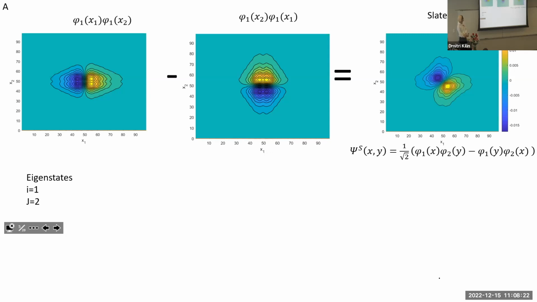We have what is known as the Hartree product, which is basically the wave function of your eigenstate 1 times the wave function of your eigenstate 2, subtracted from when you flip them, or particle 1 and 2, being denoted by x1 and x2. When those eigenstates get flipped, the difference comes out to be the Slater determinant, which is shown by this equation below the third figure on the right.